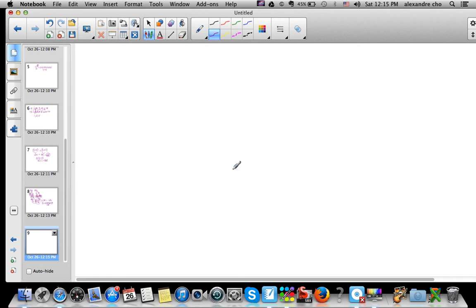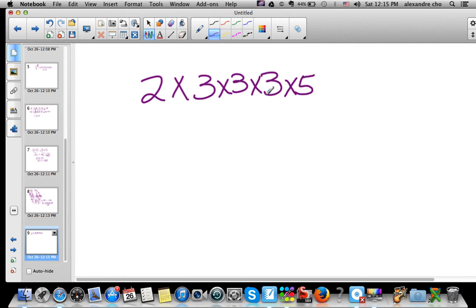Where are we? 19. Using exponents, write the expression. Okay, so again, we want to use exponents to rewrite that expression. So you've got 2 times 3 times 3 times 3 times 5 times 5 times 7 times 7 times 7.